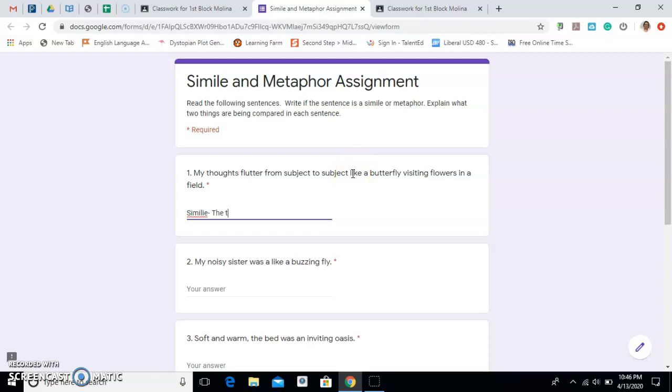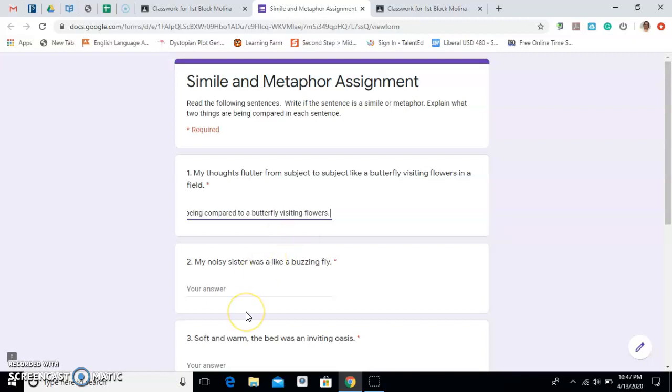And the two things, my thoughts are being compared to a butterfly visiting flowers.